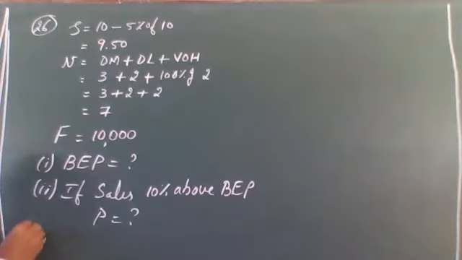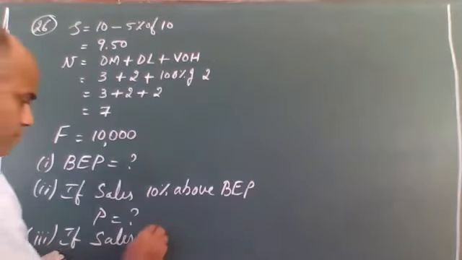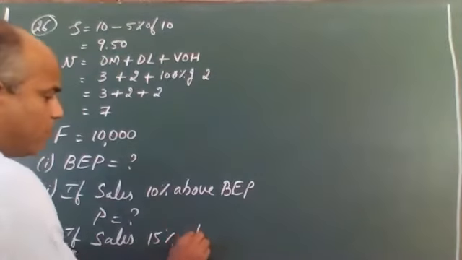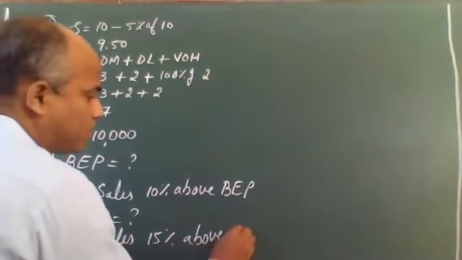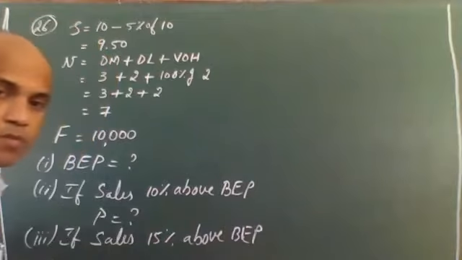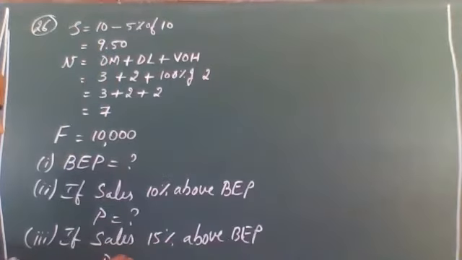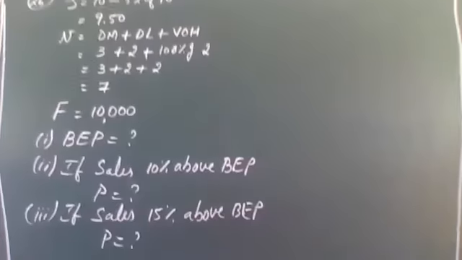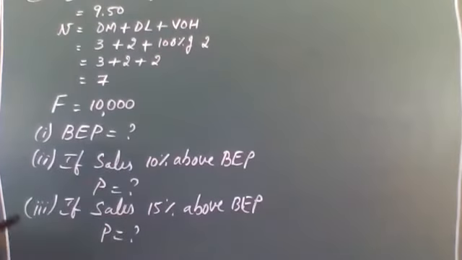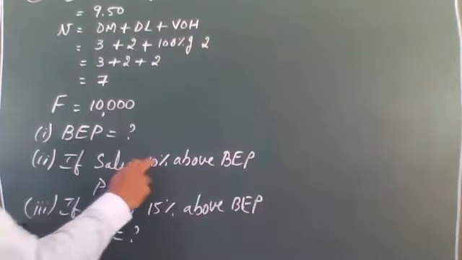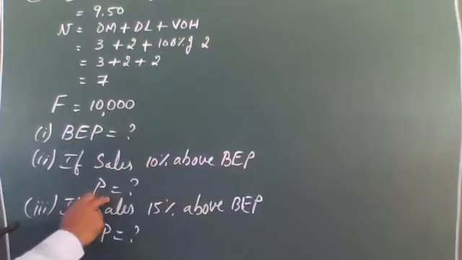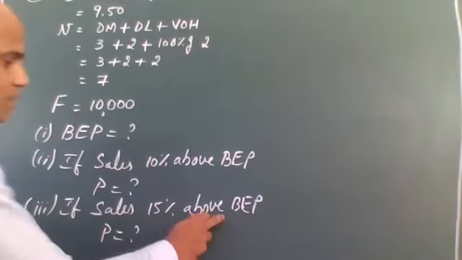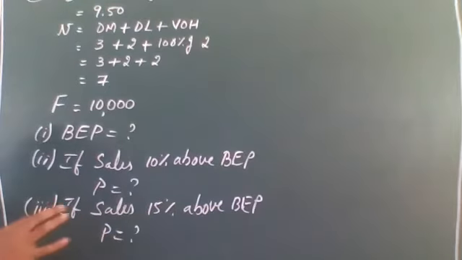The third question he is asking is, same thing, if sales are 15% above BEP, profit is equal to how much? So he is asking you BEP. If sales are 10% above break-even point, what is the profit? If sales are 15% above BEP, what is the profit?